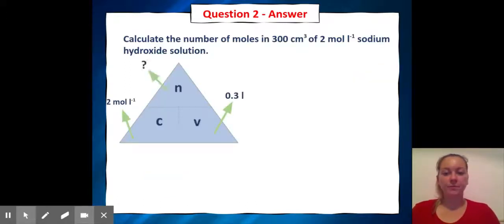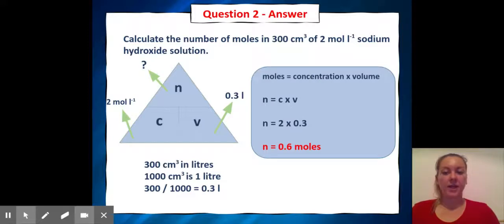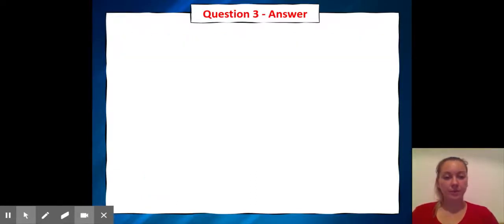Question 2. The number of moles in 300 centimetres cubed of 2 moles per litre sodium hydroxide. Again, 300 centimetres cubed. To convert this into litres, we divide by 1,000. We end up with n equals c times v, which is 2 times 0.3, and our answer is 0.6 moles.